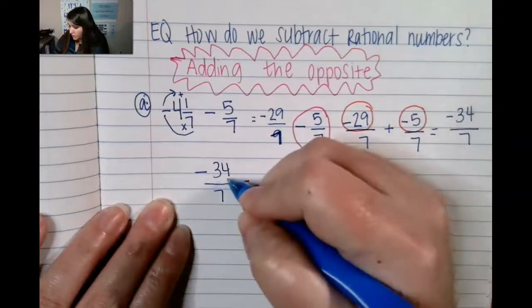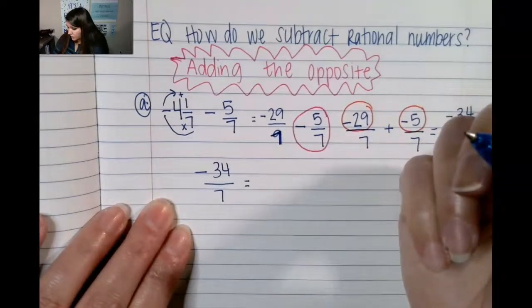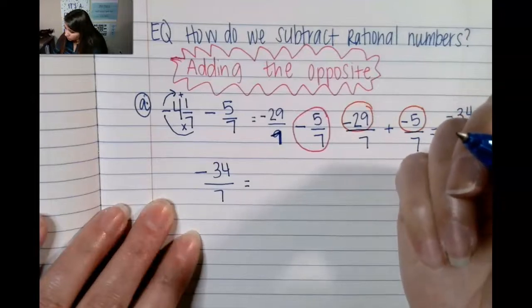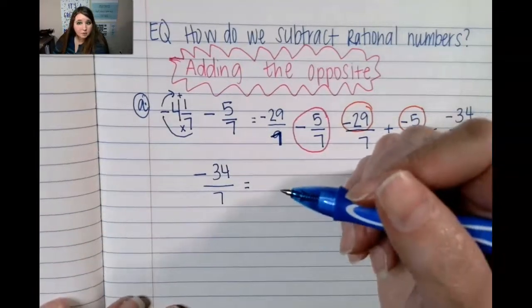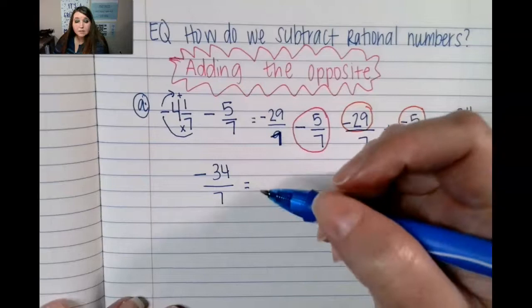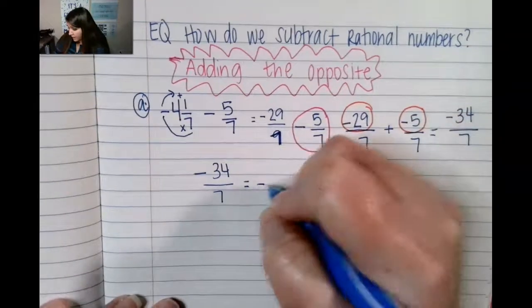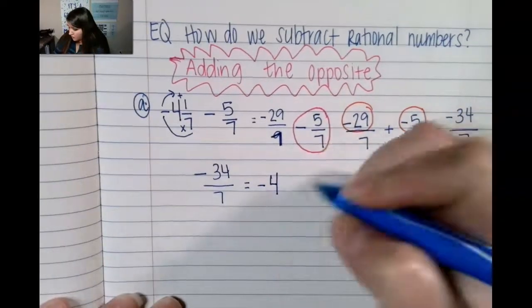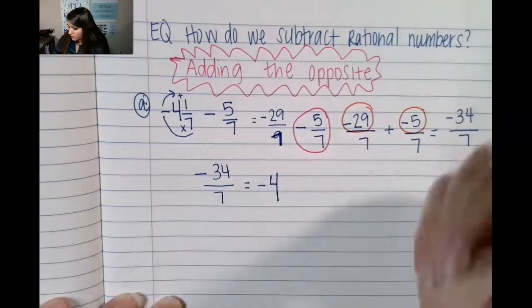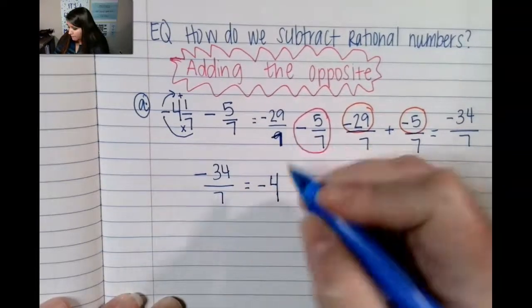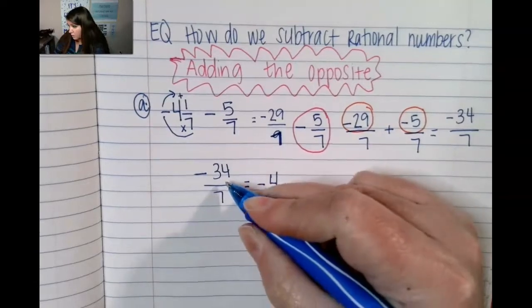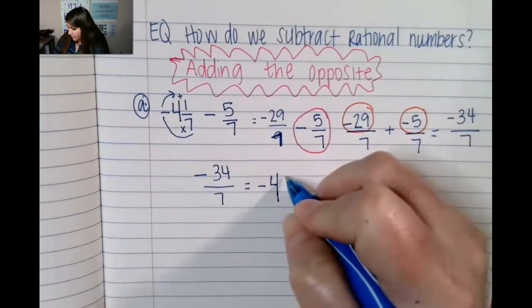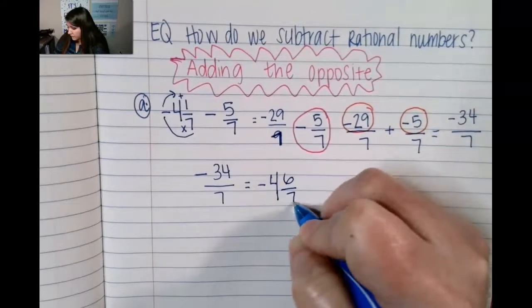Well, I know that 7 times 4 is 28, and 7 times 5 is 35, so that's going to be too much. So I have -4 and 34 minus 28 is 6/7.